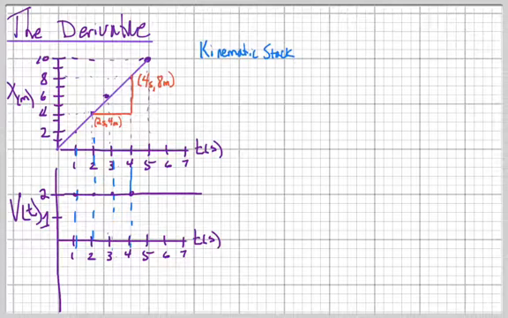So our velocity time graph is going to be this horizontal line at 2 meters per second, which is derived from our slanted line for our position versus time.